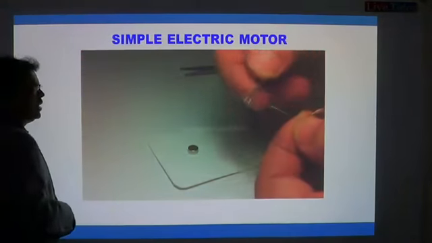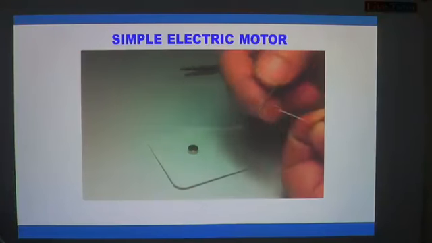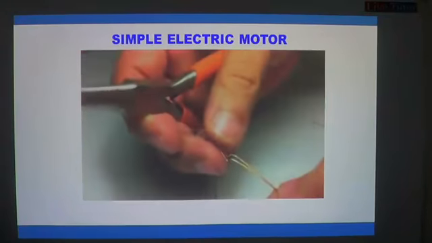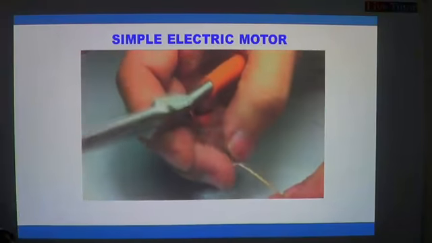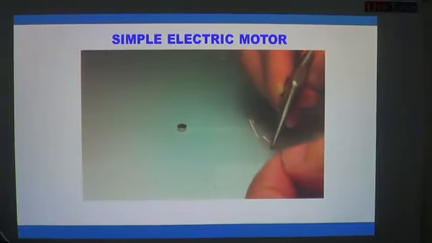Instead of a rectangular coil, here we are using a circular coil. It's only for experimental purposes. It can be rectangular also, but here it is very easy to wind. That is why we are making this a circular coil.